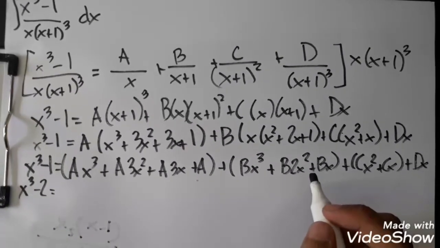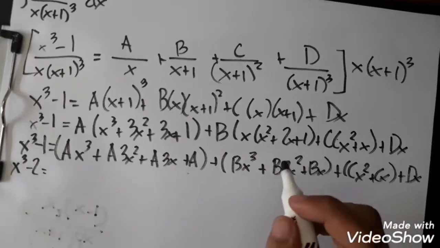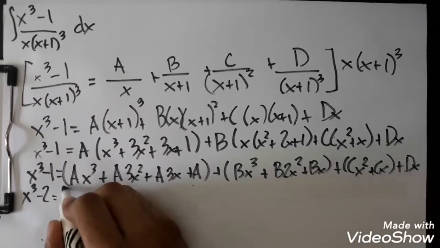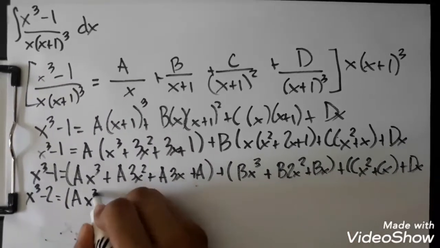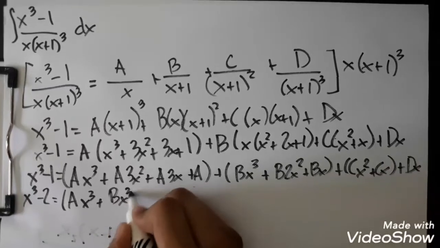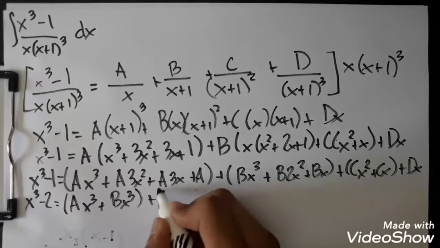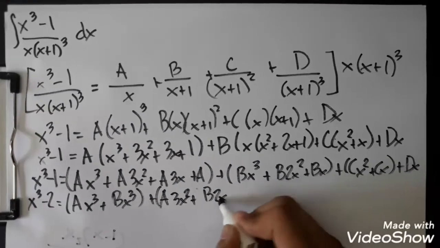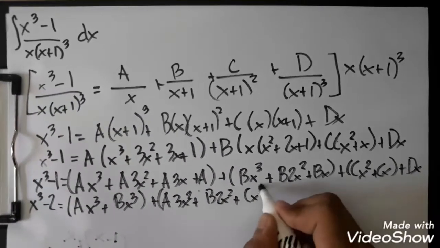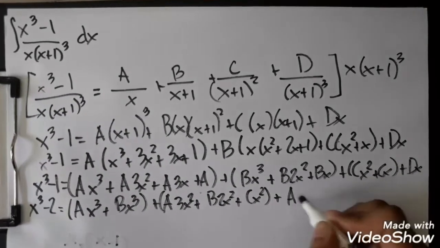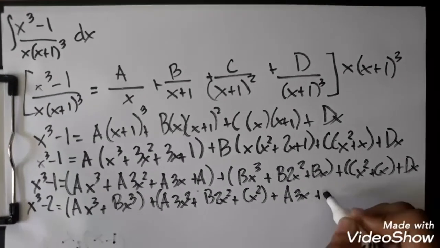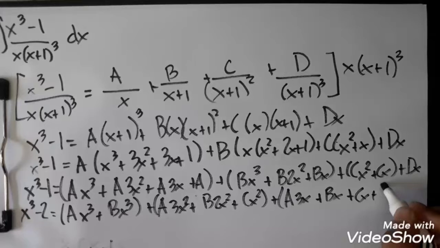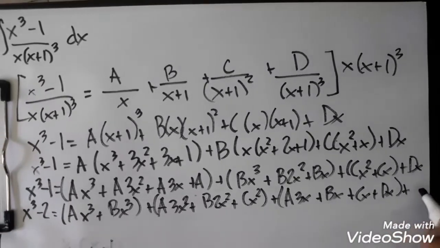Now we will group these into the same coefficients and variables, which will be a x cubed plus b x cubed, plus 3a x squared plus 2b x squared plus c x squared, plus 3a x plus bx plus cx plus dx, and plus a.